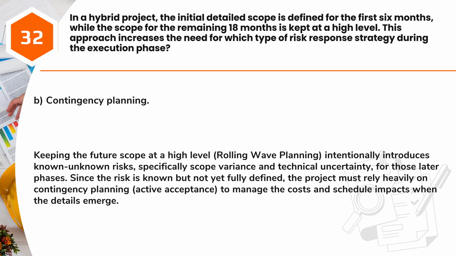Answer B. Contingency planning. Keeping the future scope at a high level, rolling wave planning, intentionally introduces known unknown risks, specifically scope variance and technical uncertainty for those later phases. Since the risk is known but not yet fully defined, the project must rely heavily on contingency planning, active acceptance, to manage the costs and schedule impacts when the details emerge.